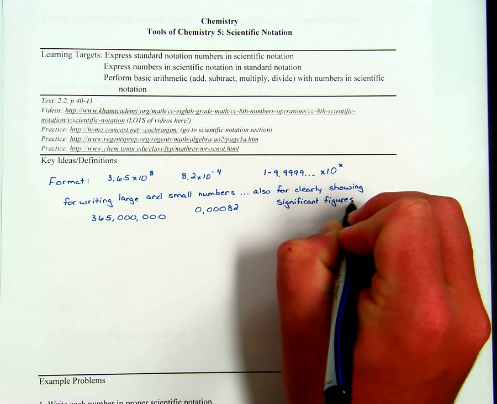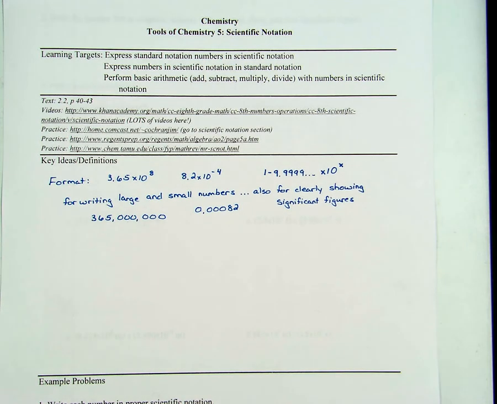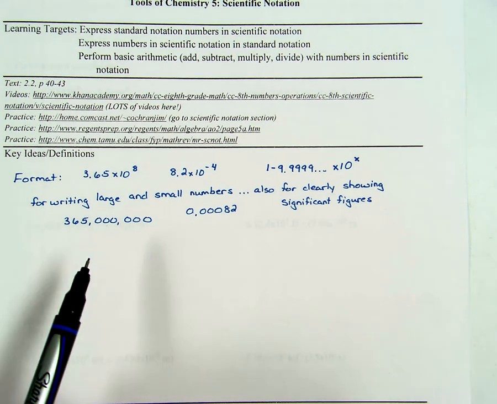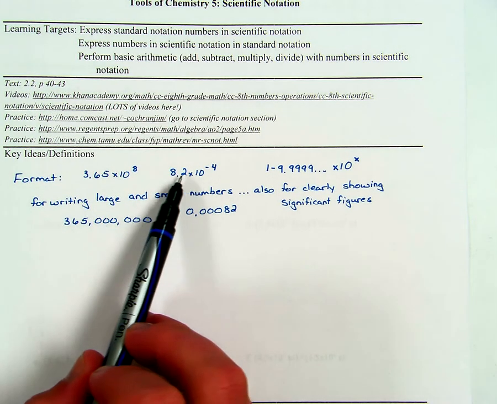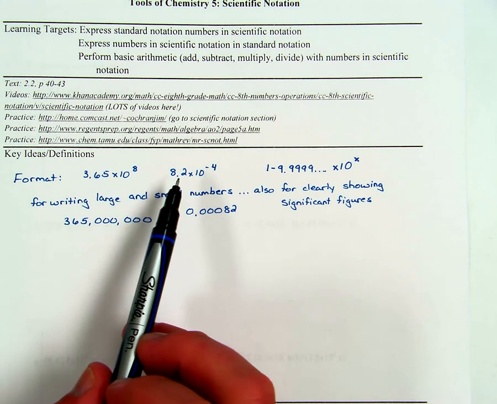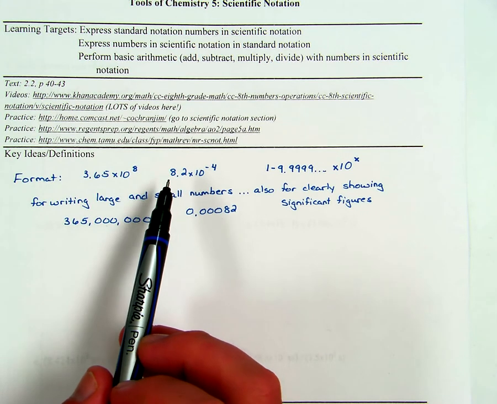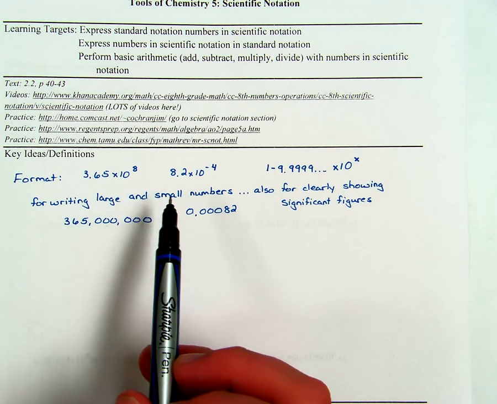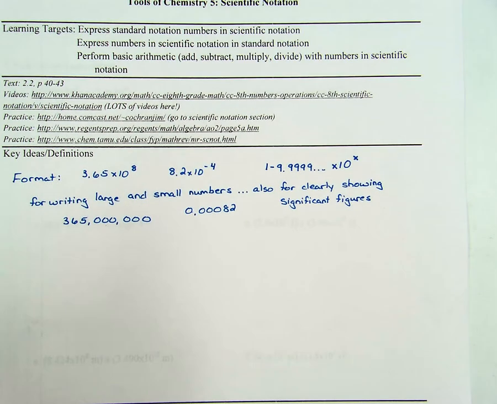Because in scientific notation, if it's not a significant figure, the number disappears. So every digit we write in scientific notation is always significant. If it's not significant, it won't be there. So there is absolutely no ambiguity about what digits are or are not significant whenever we write in scientific notation.